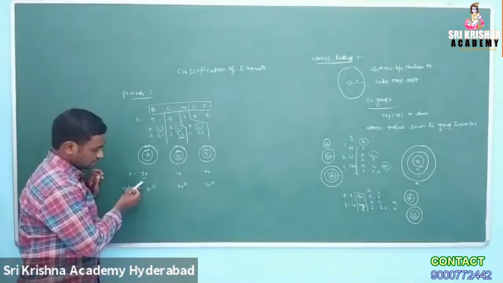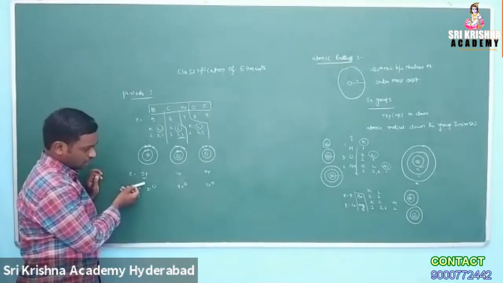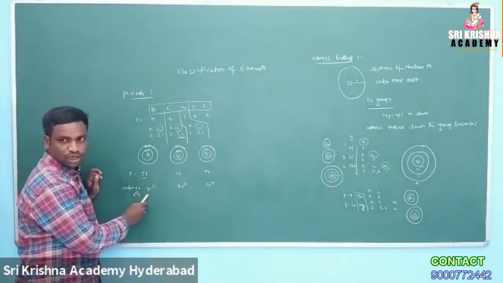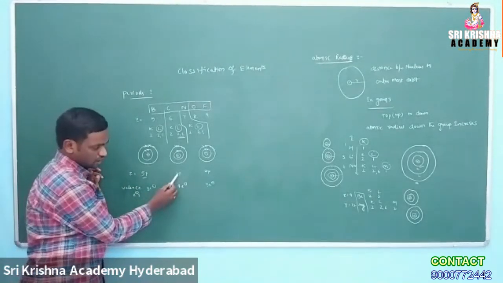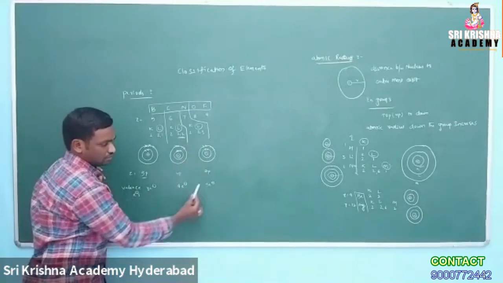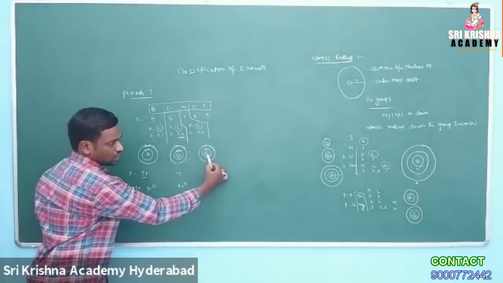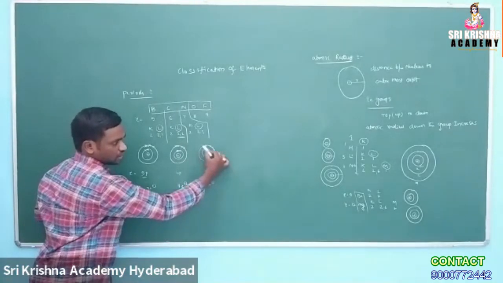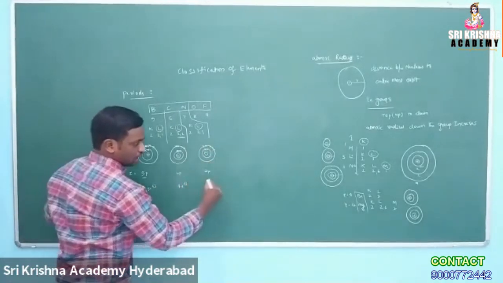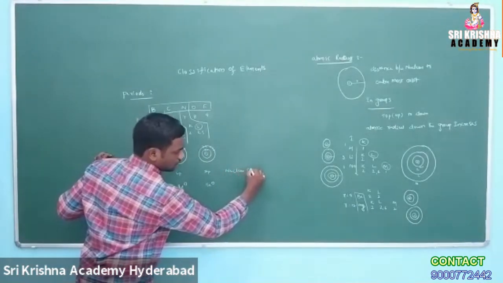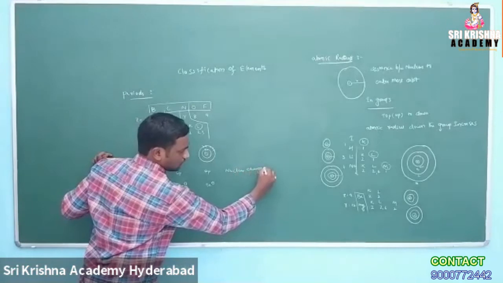So consider the attraction: here 5 protons, 3 electrons. That means 5 positive charge, 3 negative charge. Here 6 positive charge is there, and 4 electrons outside, the valency electrons. 7 positive charge is inside the nucleus and 5 electrons are present in the valency shell. The number of protons present in the nucleus is also called the nuclear charge.